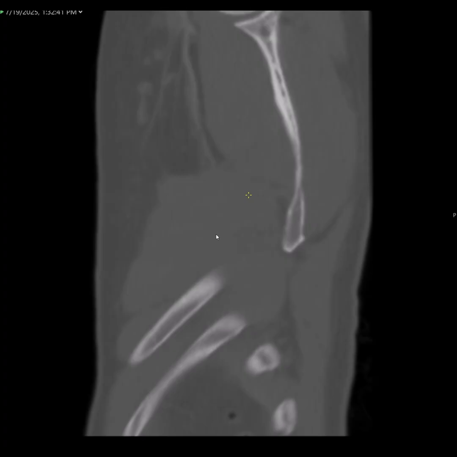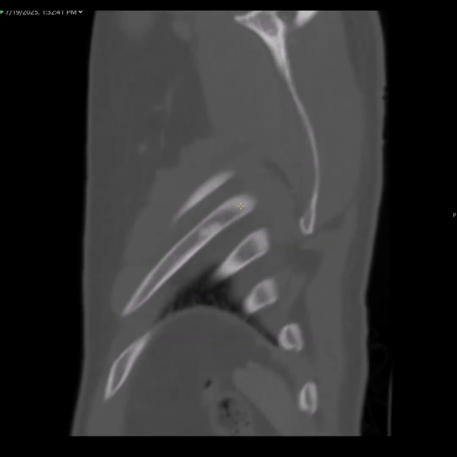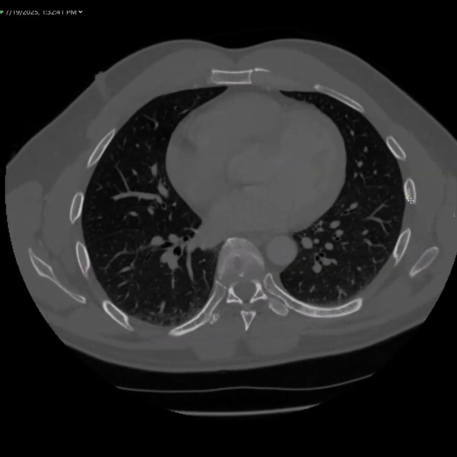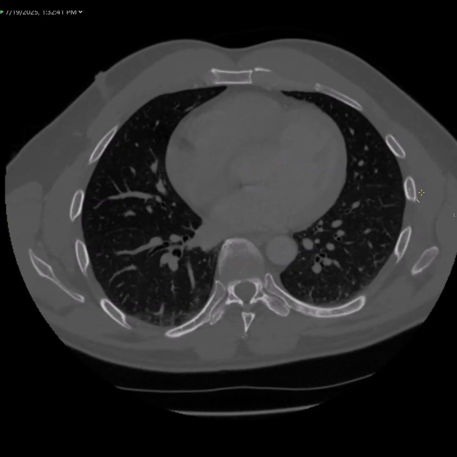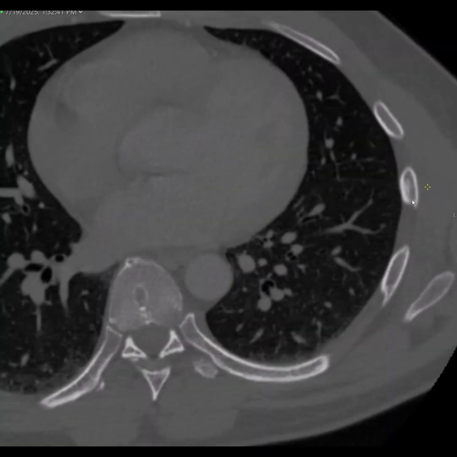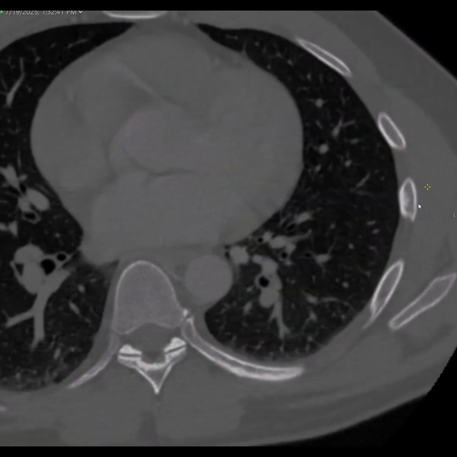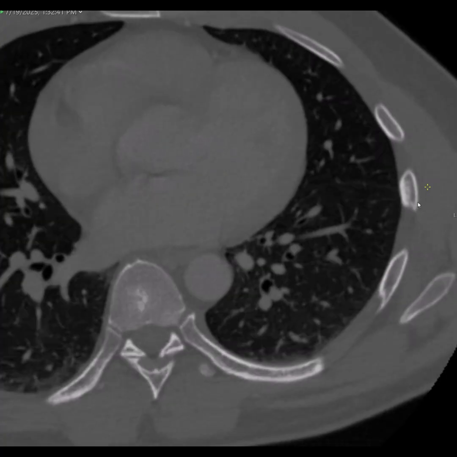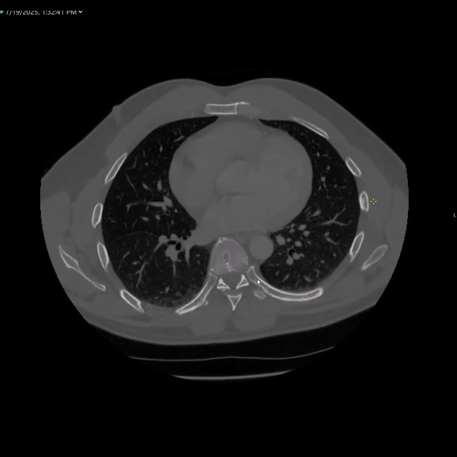Here you see a potential irregularity, which isn't that well viewed on this view. So I'll use the localizer and switch to an axial view to see it better. And here you see this increased density in the bone with everything fairly well defined, likely just represents a chronic fracture that's healed.